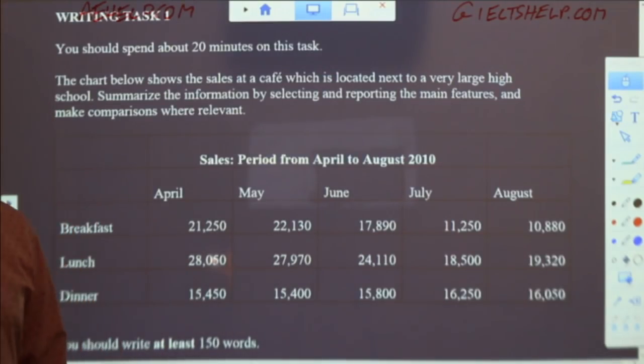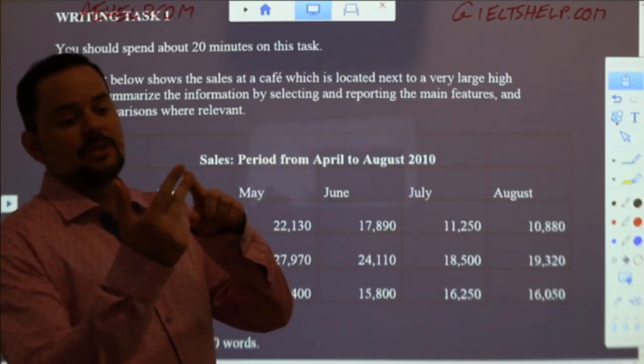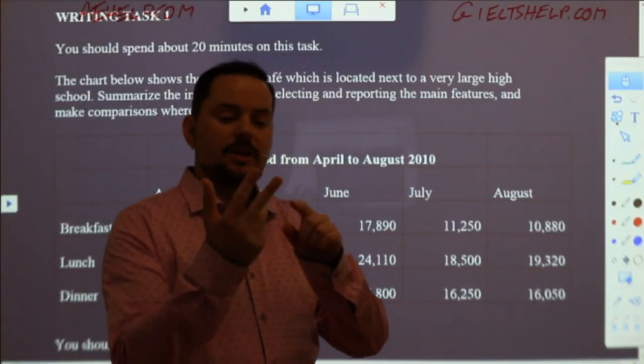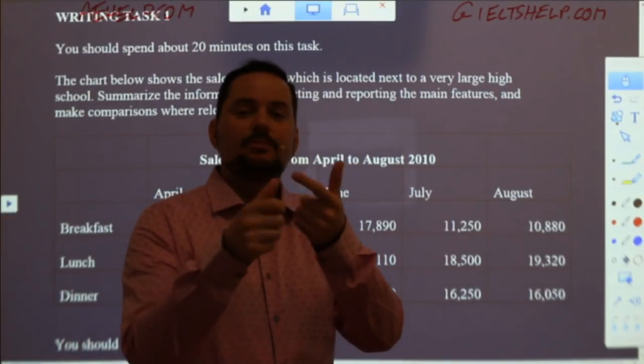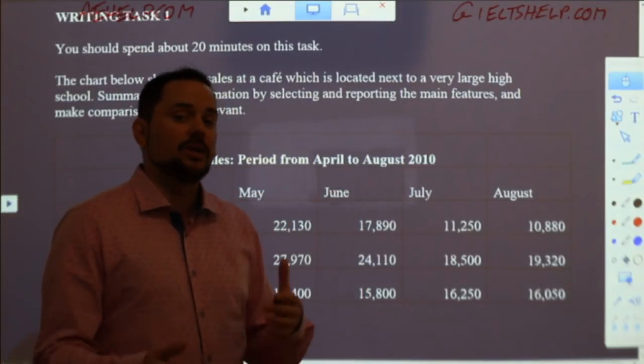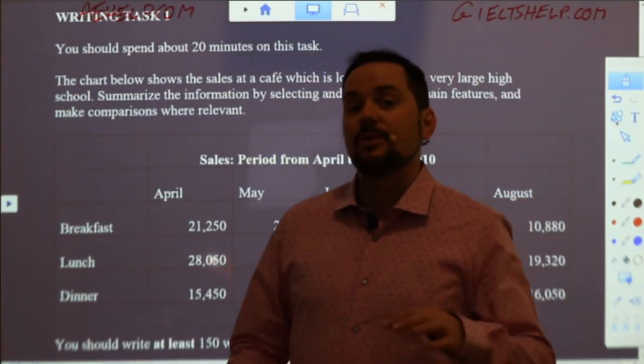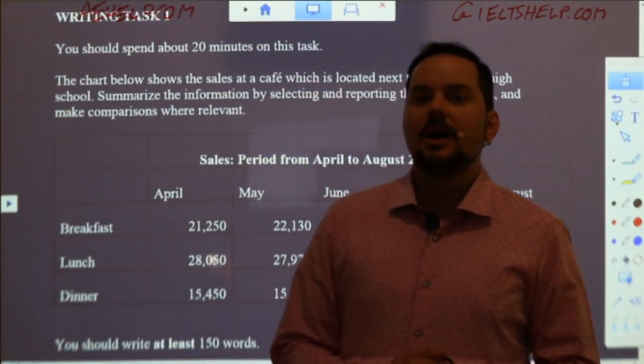So as you know, in task 1, you can see different kinds of diagrams. You can see maps, bar charts, pie charts, line graphs, tables, flow charts, and combination graphs. So sometimes you're looking at, for example, a bar chart mixed with a table, okay?